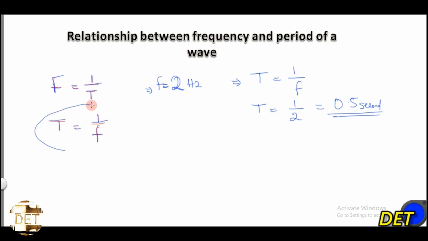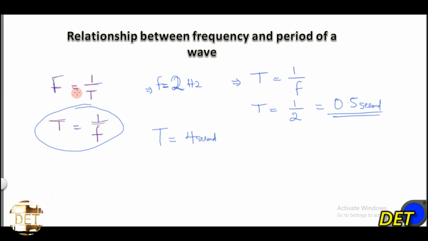So if I give you the frequency, you can find the period of a wave using this relationship. Also, if the period of a wave T is equal to, let's say, 4 seconds, find the frequency.